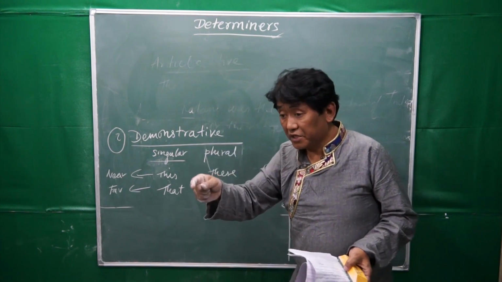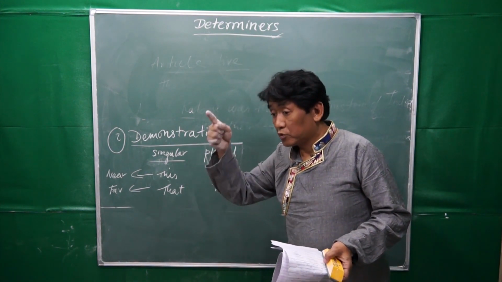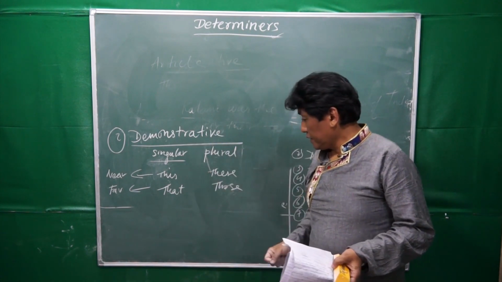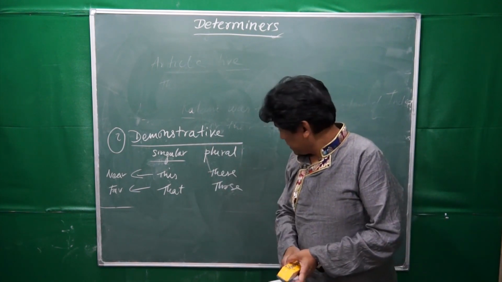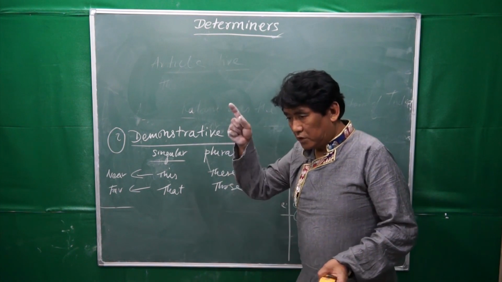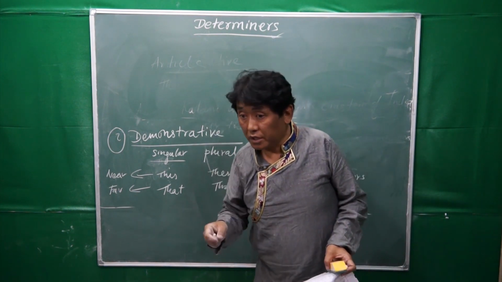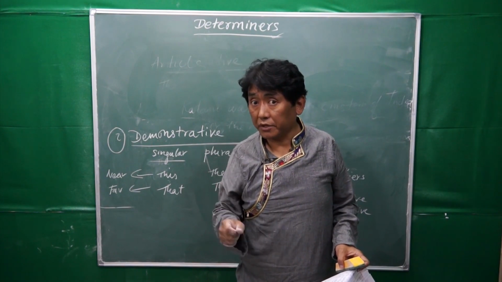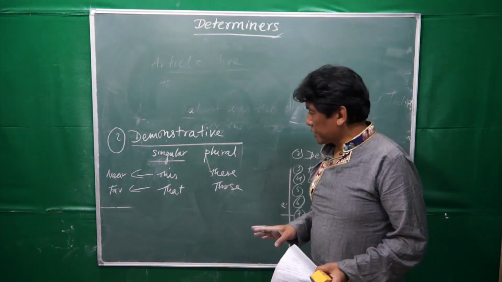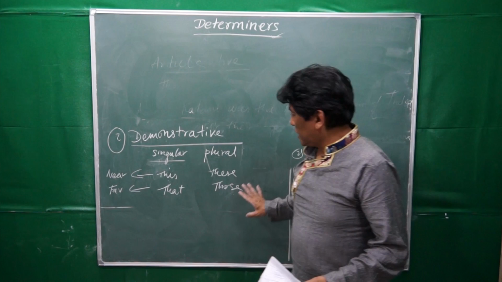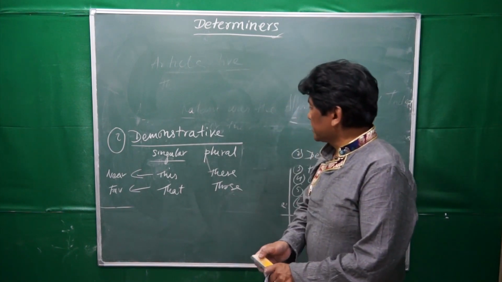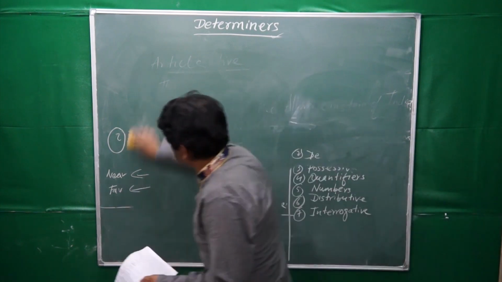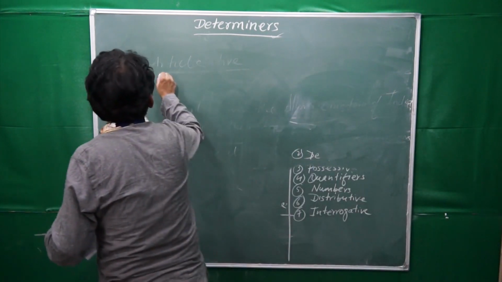I can point at them. Those, they are plural, they are far from me. And if I see one brick only there, then I'll say that brick. That brick that I can point at. This is how it is explained. Now we move on to point number 3. That is possessive.